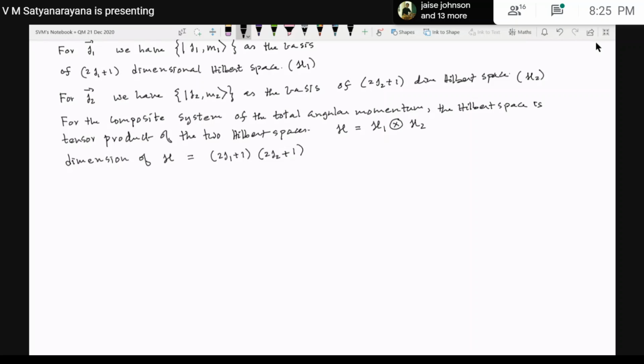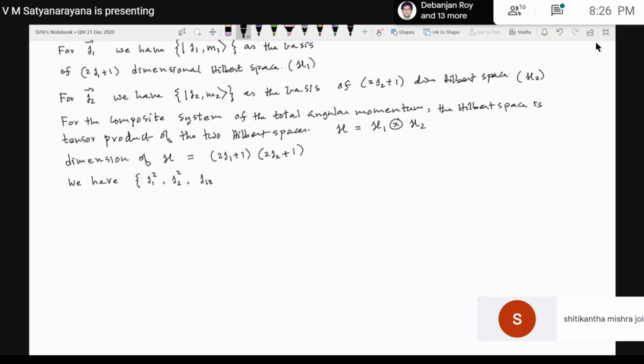Now you can talk about a basis of this composite Hilbert space. For this problem, we have J1 square and J2 square.